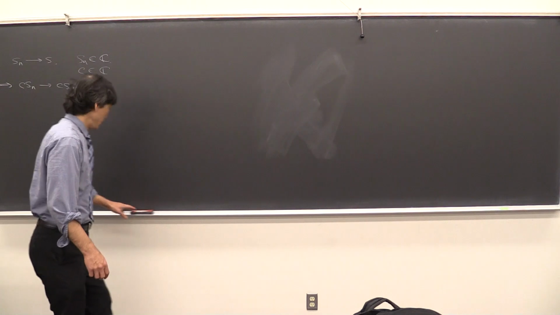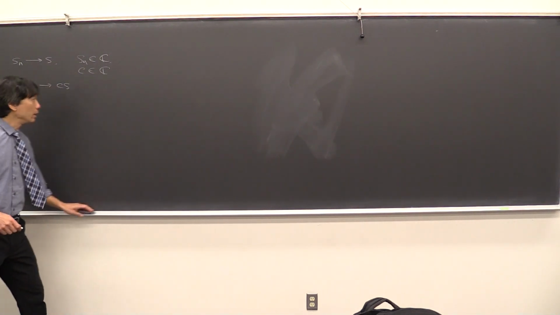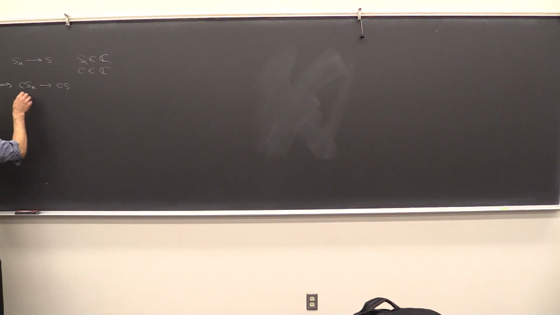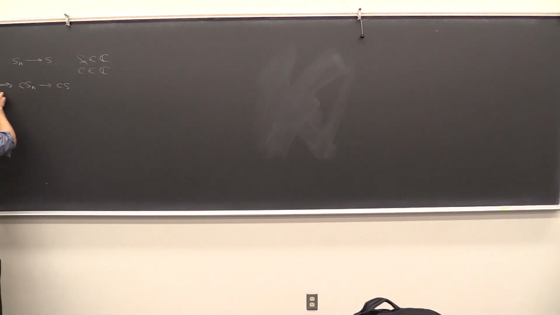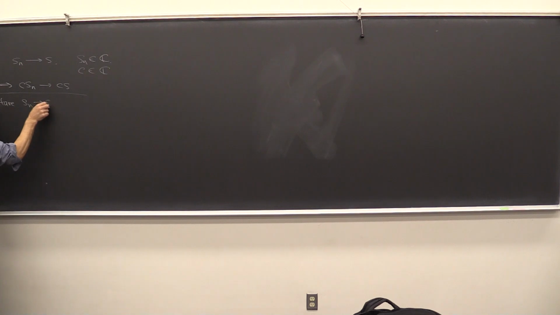Okay, so let's talk about it, right? So let's just start off by saying what we have. What you have is that Sn converges to S, right? What does that mean? Somebody just tell me, what does that mean? Just rattle it off.